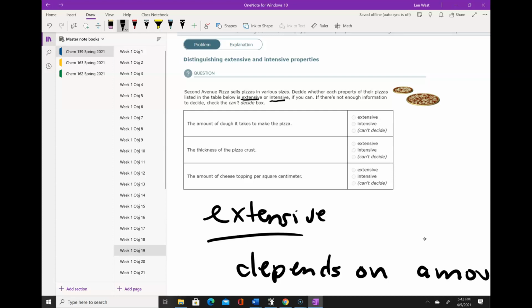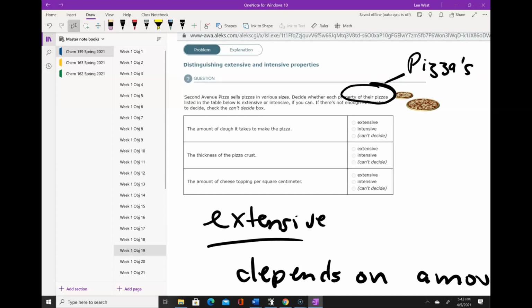So this is all about pizzas. Does the property depend on the amount of pizza? So let's have a look.